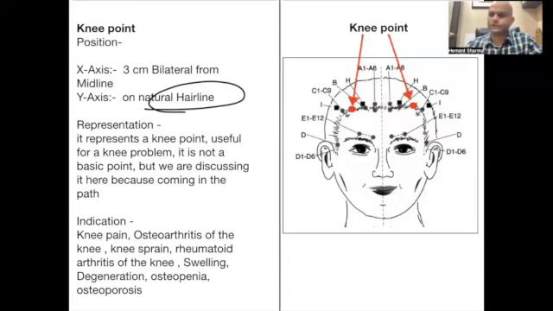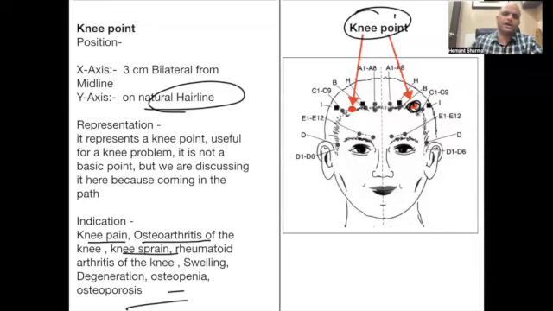That is the knee point. It's very good for knee pain, arthritis of the knee, knee sprain, rheumatoid arthritis of the knee, swelling, degeneration, osteopenia, osteoporosis, any problem which is connected with the knee.